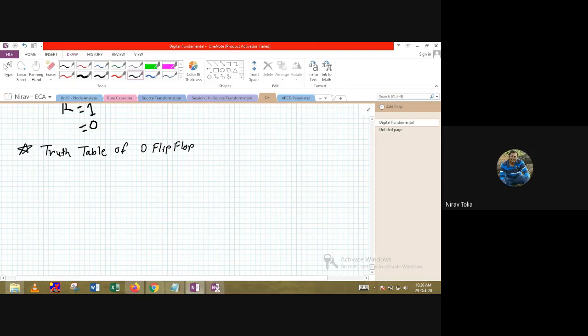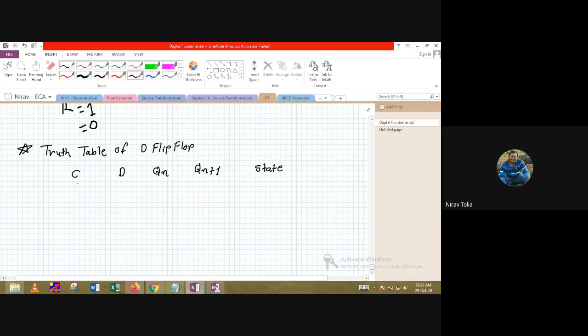You can see, we have a clock input. Another, we have a D input. Then you can say it is Qn, and we have a Qn plus 1. And finally we have a state.